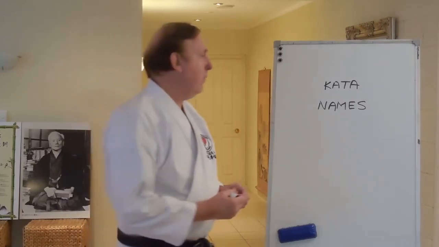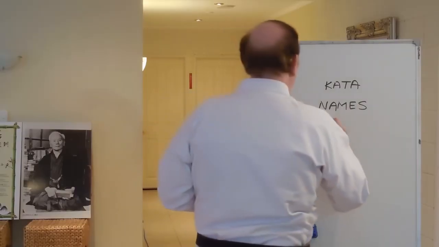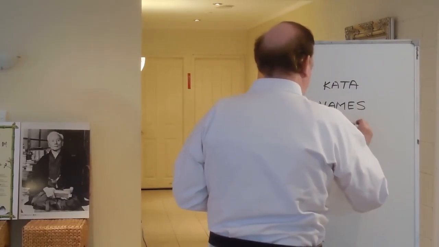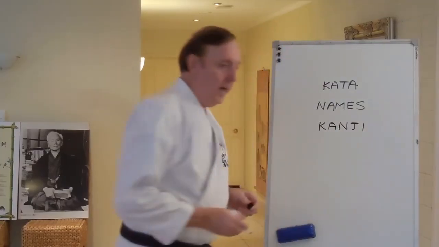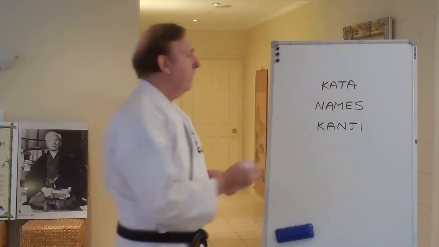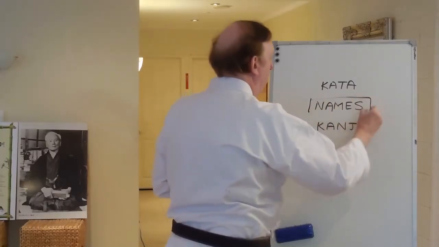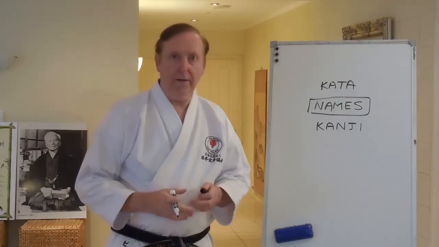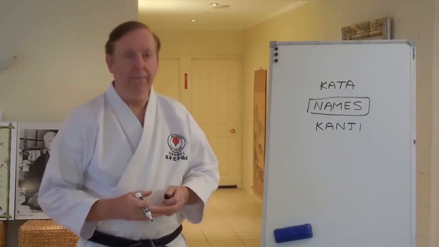Now, first of all, we've got that Japanese word that we are talking about today for the names of the katas. So this is the names that we're talking about here, and we're talking about the fact that they are made up of kanji.